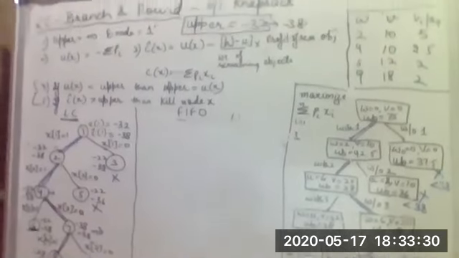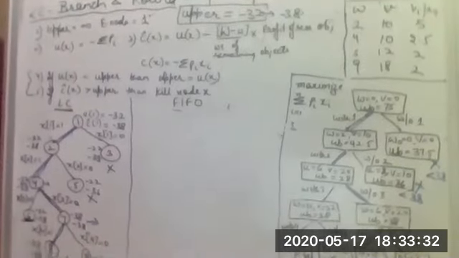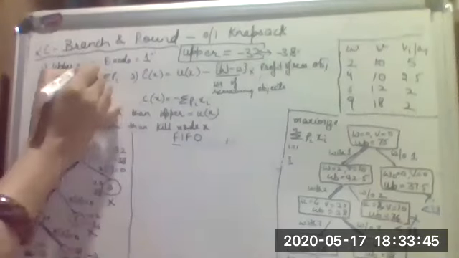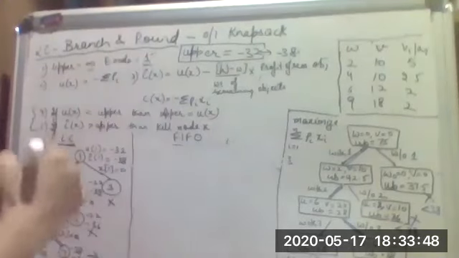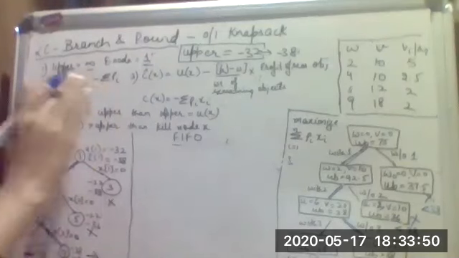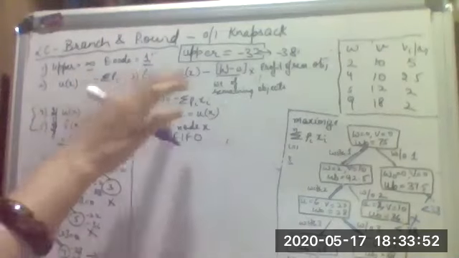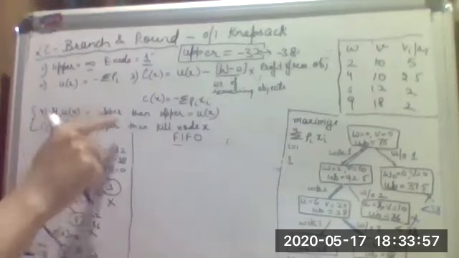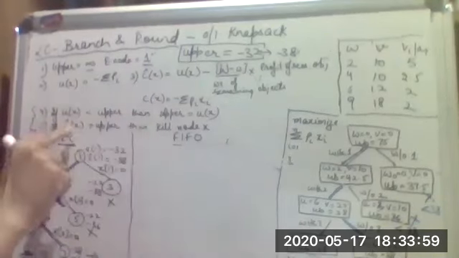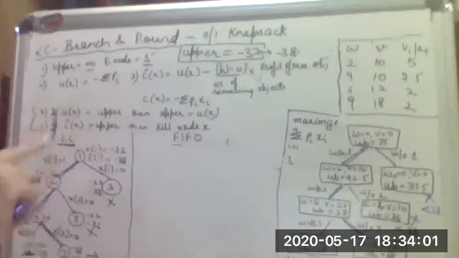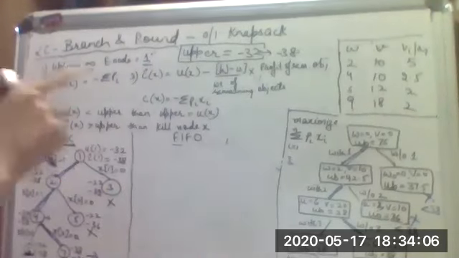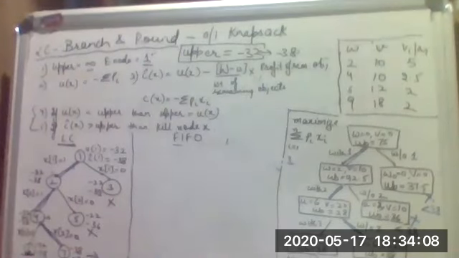That means it starts where the upper value is made the infinite value, the E node is taken as the first node, and U x is taken as minus the summation of p i and C x is taken as this. And after that, U x, if it is lesser than the upper value, is updated, and C x, if it is greater than the upper, that node is killed. So it is going to use the same strategy, but it is going to generate the nodes in a different way.